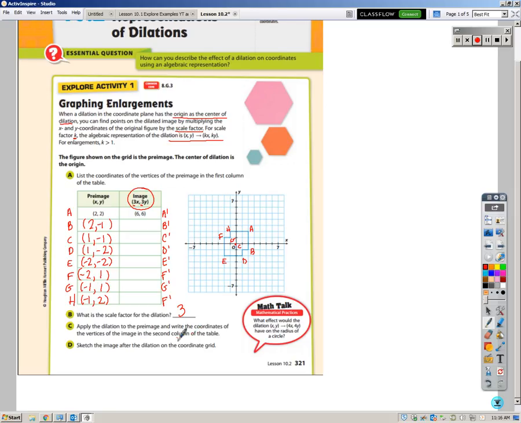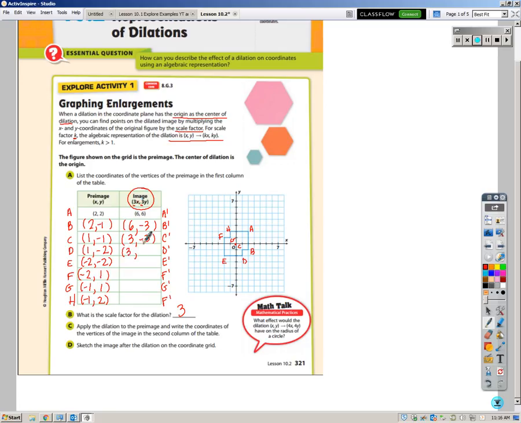Okay, so 2 times 3 is 6. Negative 1 times 3 is negative 3. Okay, I'm going to just go through this. 1 times 3 is 3. Negative 1 times 3 is negative 3. 1 times 3 is 3.